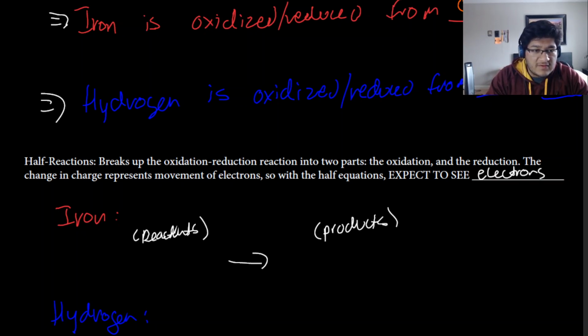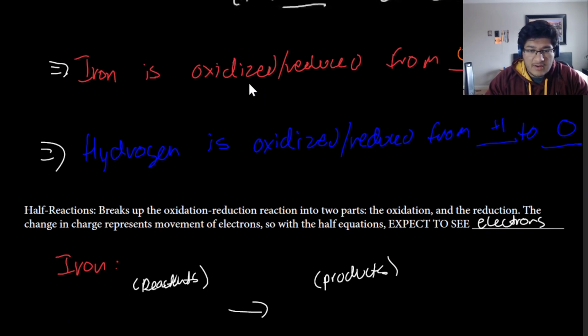So staying with the same iron example, let's go back up. We know that iron is oxidized from 0 to +2, while hydrogen is reduced from +1 to 0.